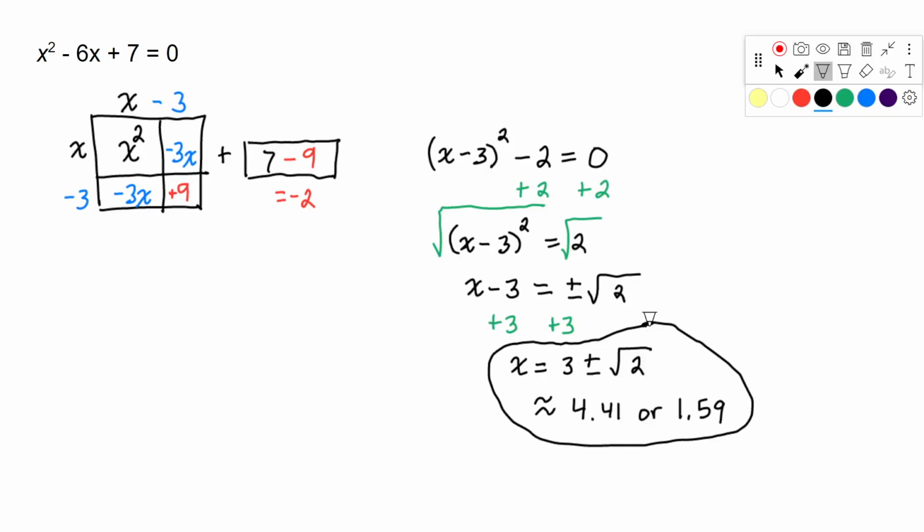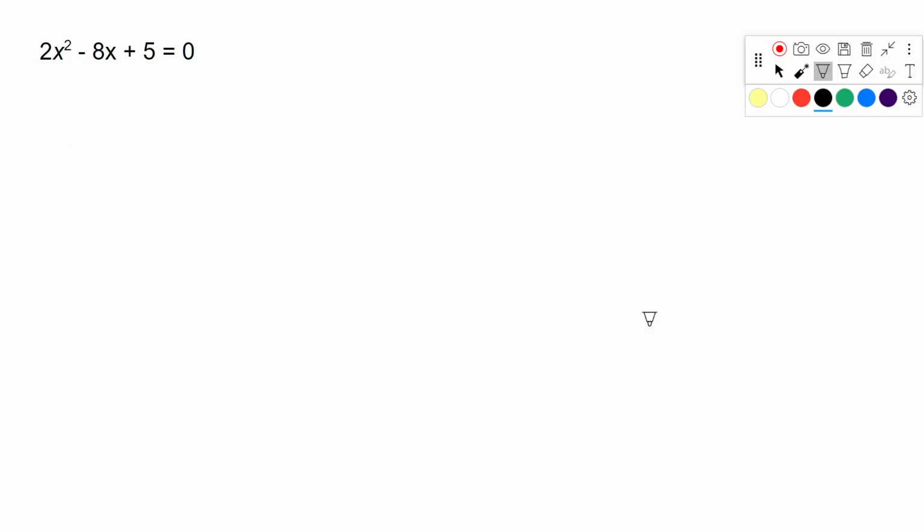Now, what if we need to complete the square and the leading coefficient isn't 1? Like we have here, we have a leading coefficient of 2. I see that the second value is divisible by 2, so I'm going to think of this as creating 2 perfect squares. So we're going to have 2 times a perfect square.